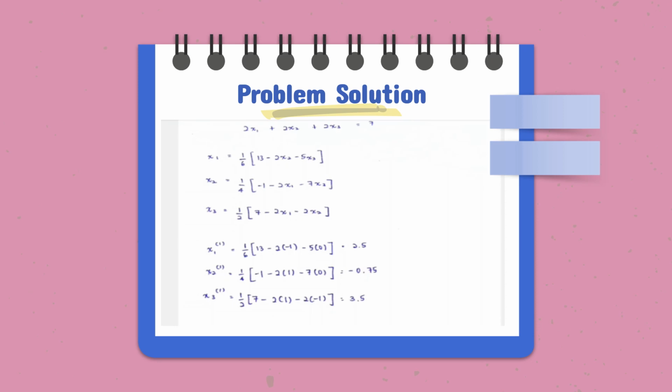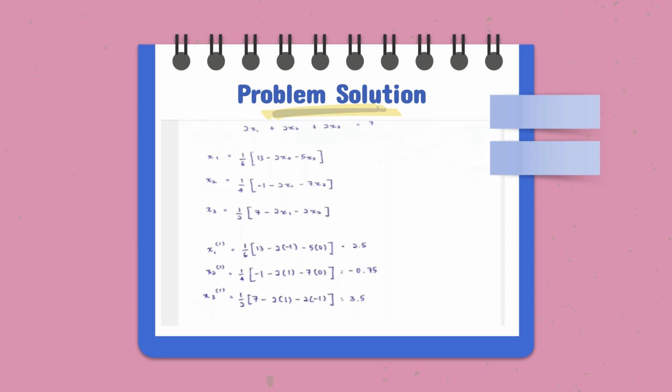When you want to find the second iteration, we cannot use the x0 iteration value because we already used it to find x1, x2 and x3 in the first iteration. We have to update the values to the first iteration values.